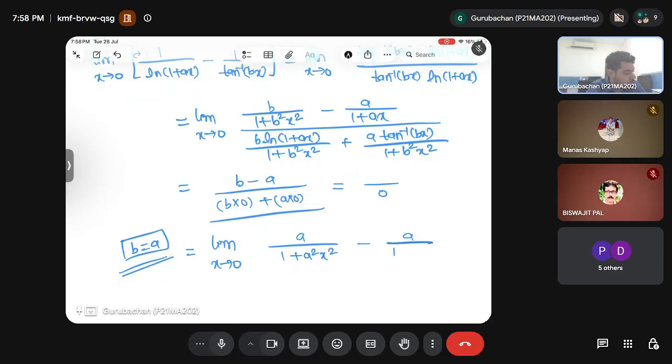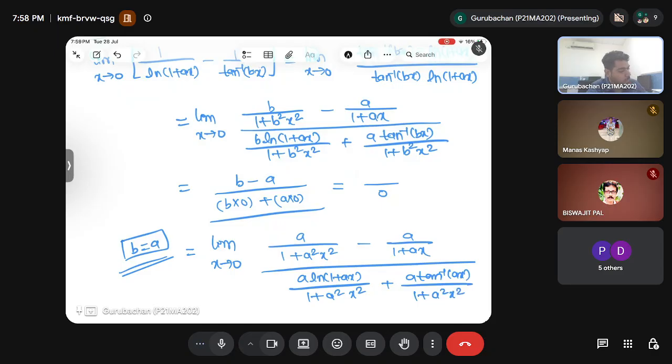minus a by 1 plus ax, divided by a ln 1 plus ax, divided by 1 plus a square x square, plus a tan inverse ax divided by 1 plus a square x square.